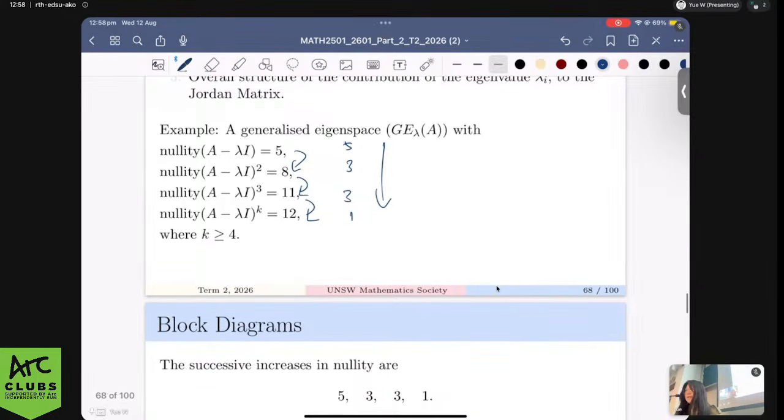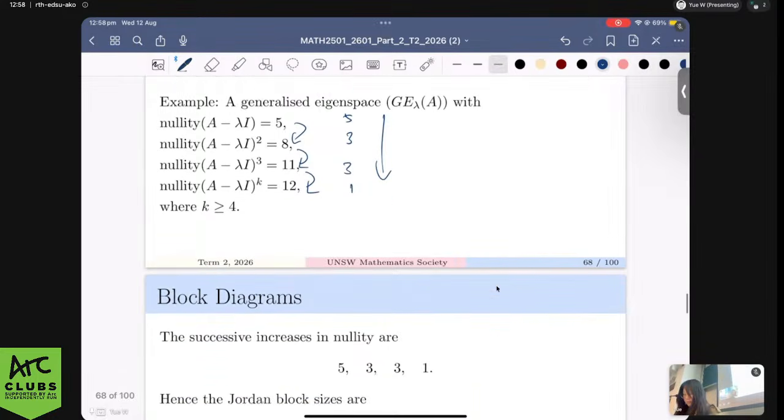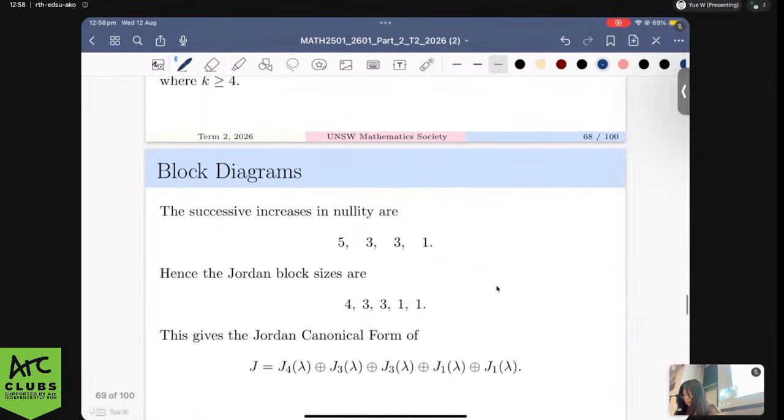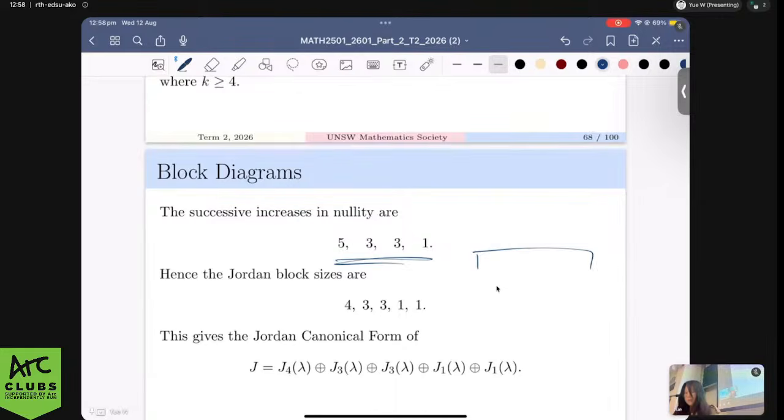Then you can just draw in the blocks. Again, just 5, 3, 3, 1. If you draw in the blocks, you want the first row to have 5 blocks, something like this, and then the second row to have 3 blocks, the third row to have 3 blocks as well, and the last row to have 1 block. Right? From here, you just read it vertically.